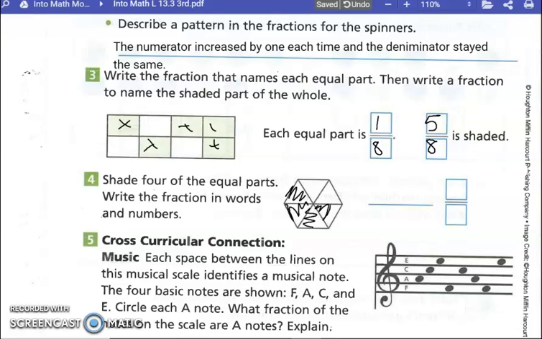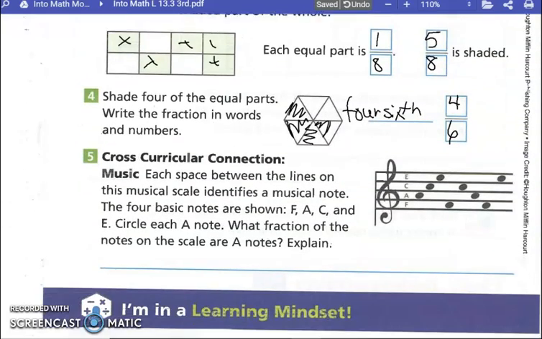So in words, we're going to have 4/6. And our fraction is going to look like this: 4 shaded parts of 6.